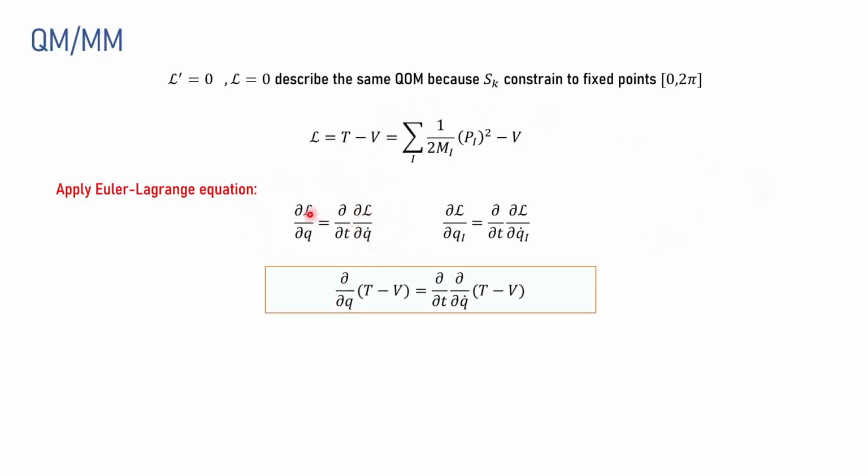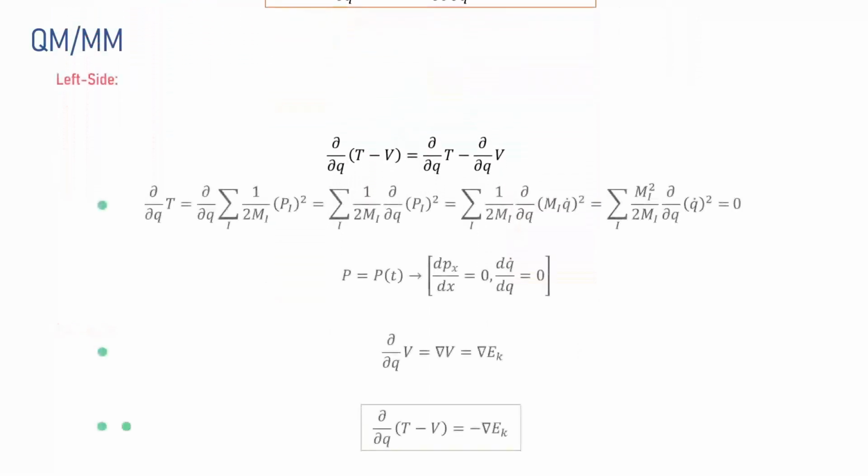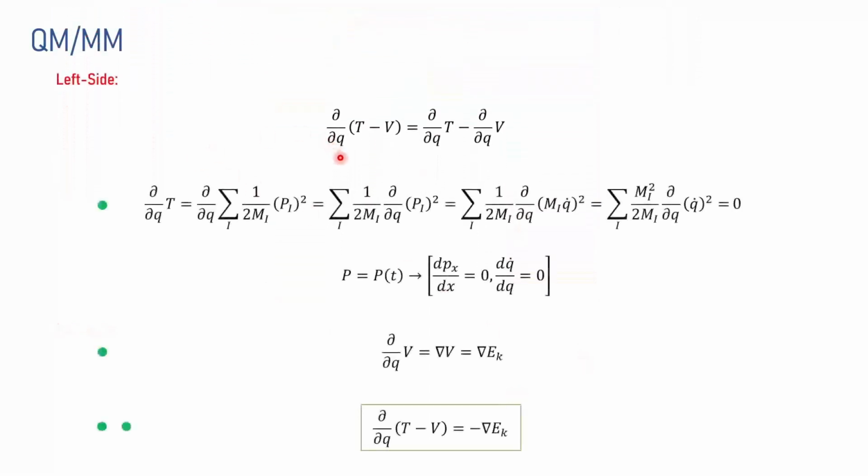So we will apply the Lagrangian on the left hand side and on the right hand side. On the left hand side, we will have to take the derivative of the kinetic energy with respect to Q and the derivative of the potential energy with respect to Q. So let's deal with the first term.